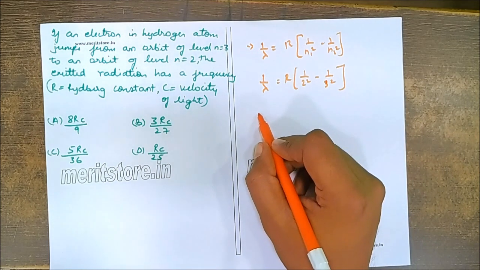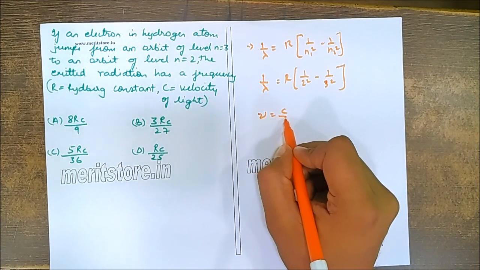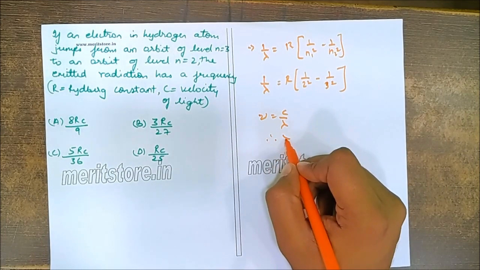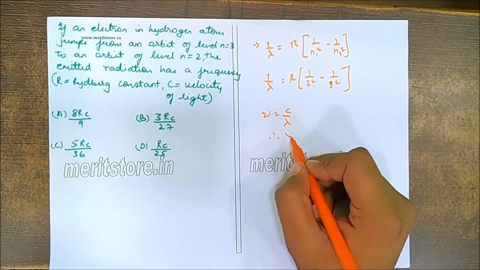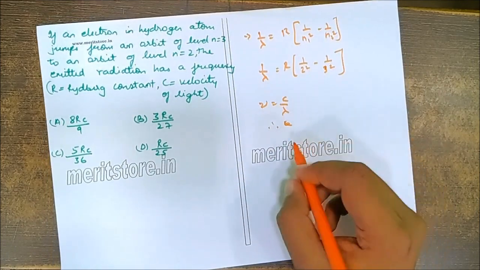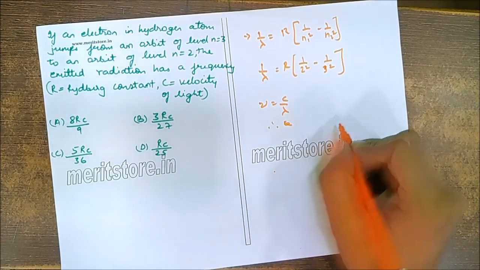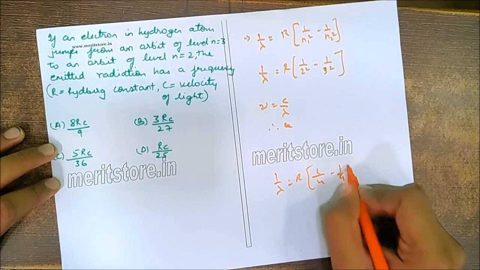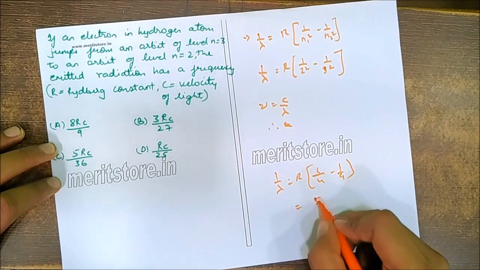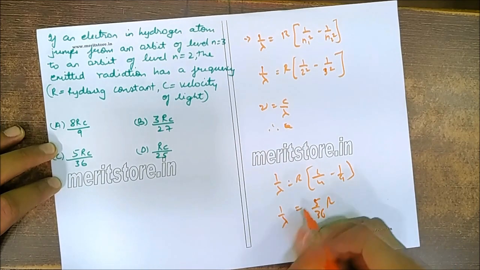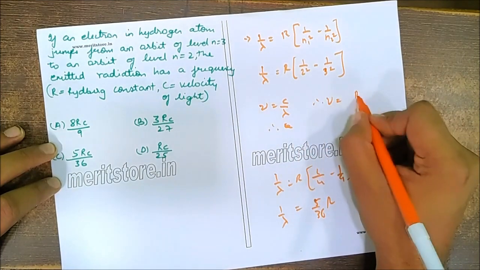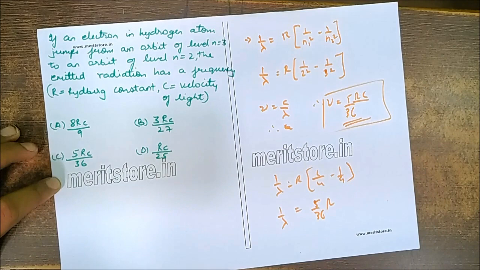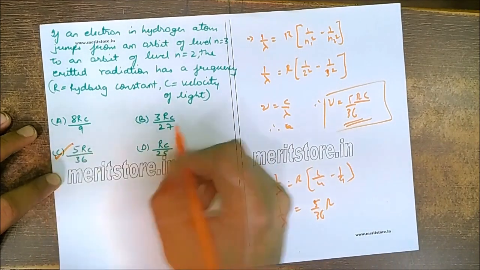Nu is equal to c upon lambda, so substituting 1 upon lambda is equal to R into 1 upon 4 minus 1 upon 9. This gives me 5 by 36 R. So nu becomes Rc into 5 by 36. So 5 by 36 Rc, option C.